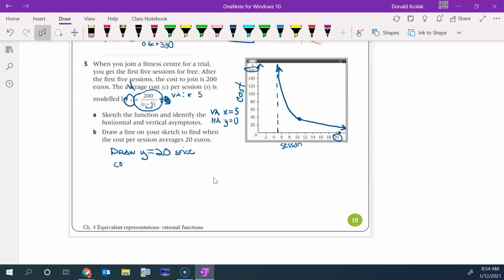Since cost is y-axis. And then I just look, where do they cross? Find that intersection.